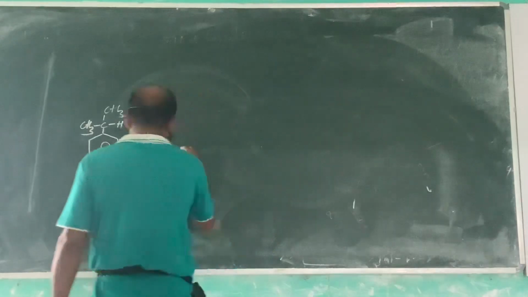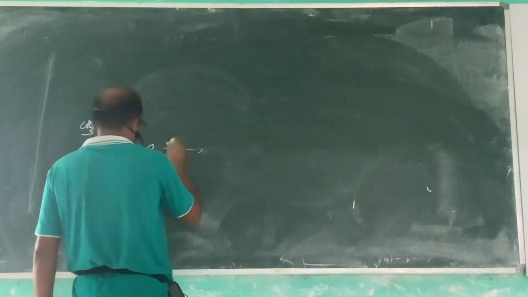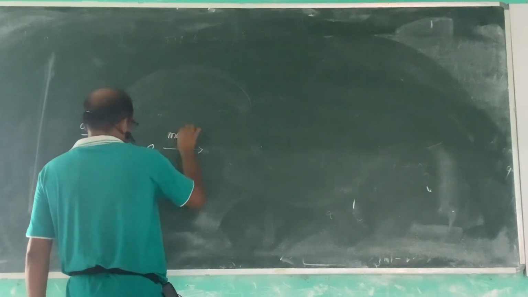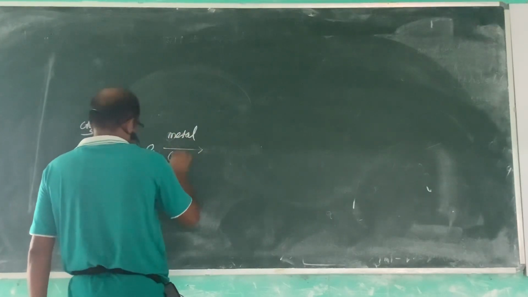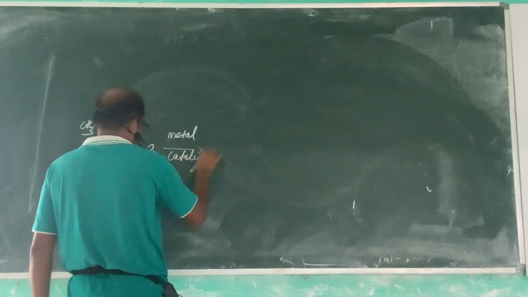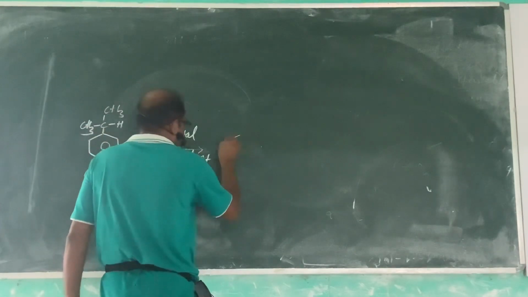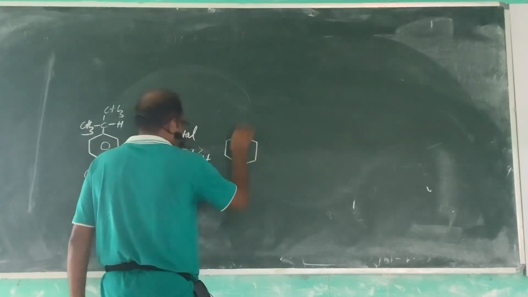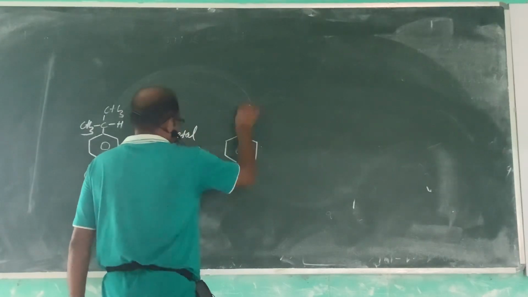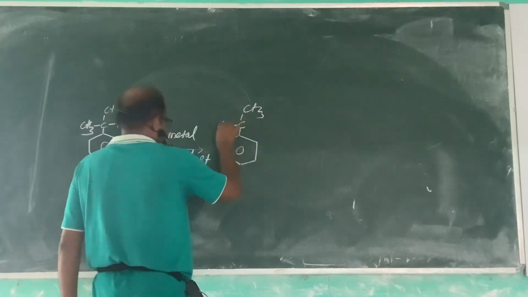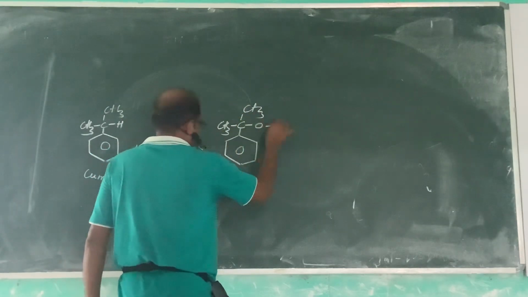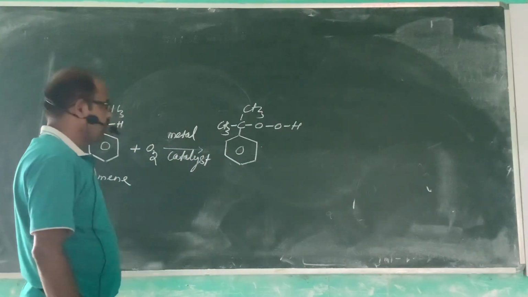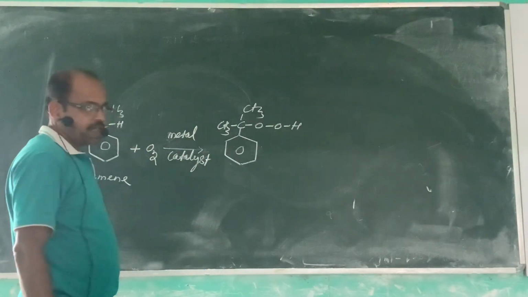This is the formula for cumene hydroperoxide, with CH3 and OOH groups.